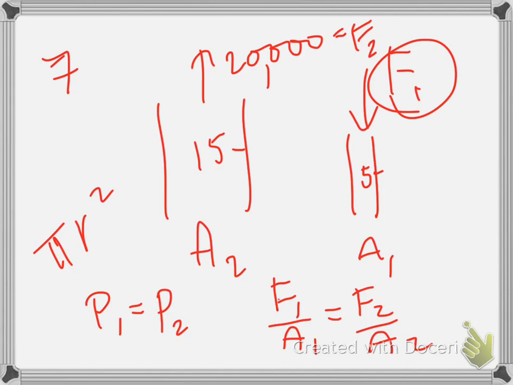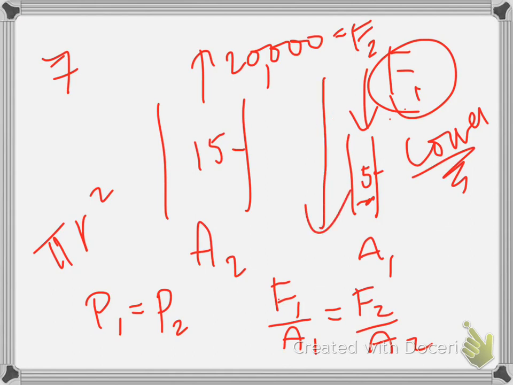Now the drawback here is you're not getting something for nothing. Just as a side note, this force is going to be lower on this side because it's got the smaller area, but the distance that you have to push this is going to be much larger than the distance output you get. So you're getting this force multiplication of a factor of whatever it ends up being.